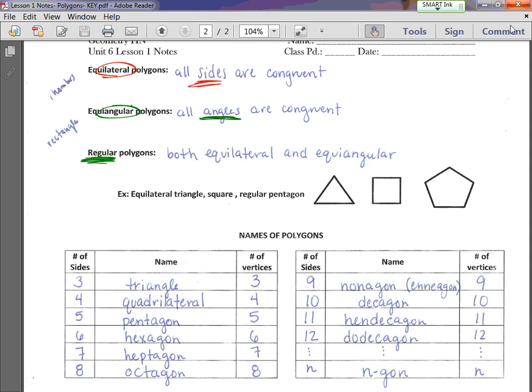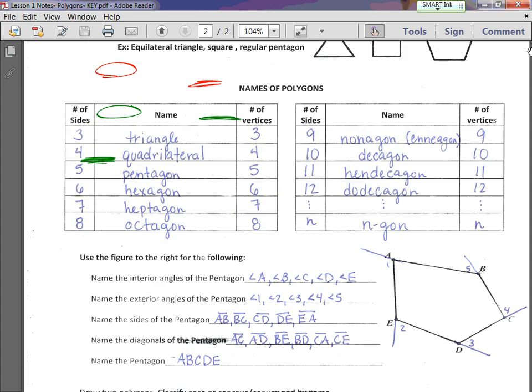Okay, so now let's take a look at the names. Feel free to name your animals after something. Call your dog Nonagon. That's not a bad idea, actually. Or your fish, whatever you feel like. You're probably going to talk to your dog before your fish. Because it's a fun name.